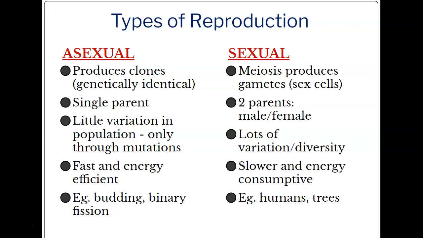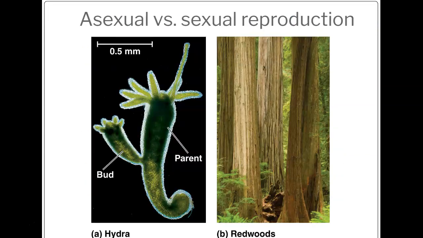And when you do this, it generates a lot of variation and diversity because depending on the male and the female, and depending on the specific combination of chromosomes that occurred in the egg and the sperm, you're going to get a lot of variation. It is slower. It is much more energy consuming, but because of that advantage of genetic diversity, a lot of organisms do this. So humans, plants like trees also do this.